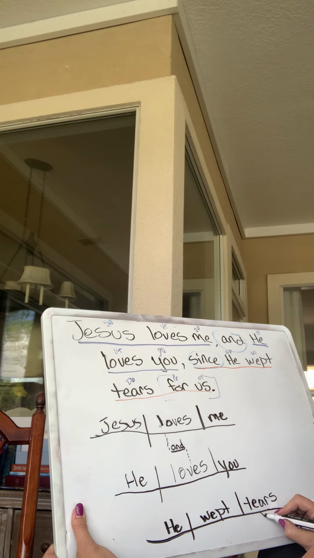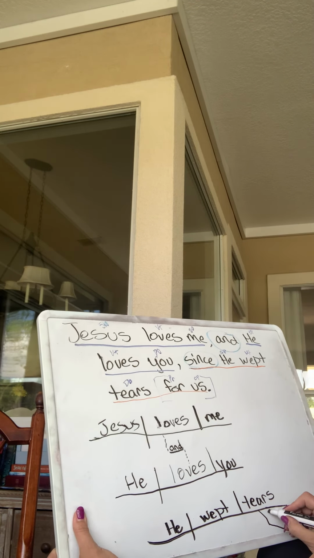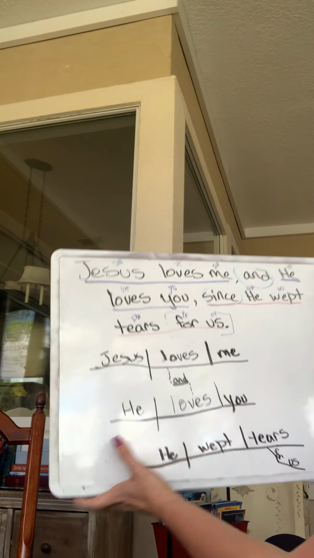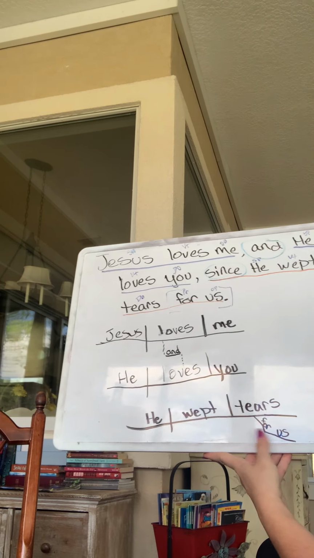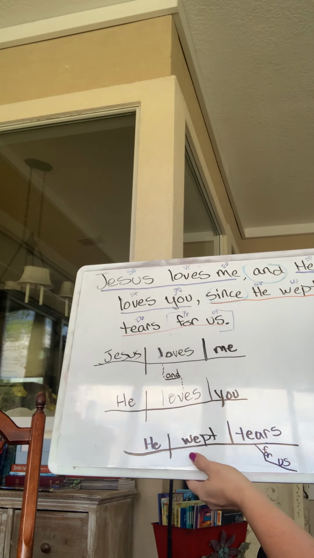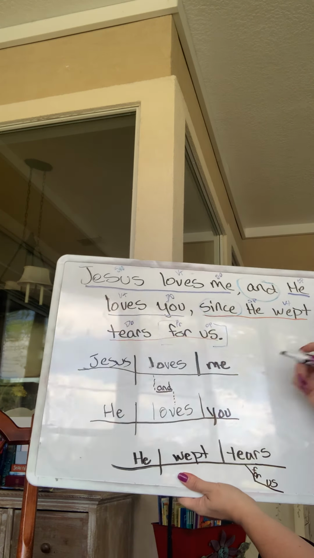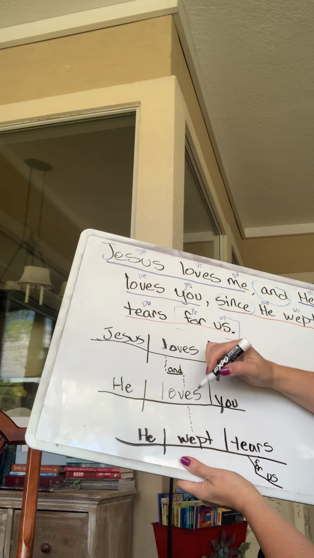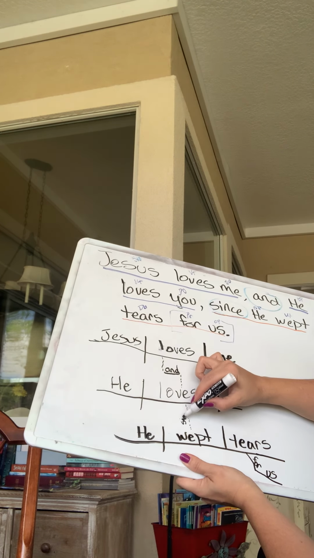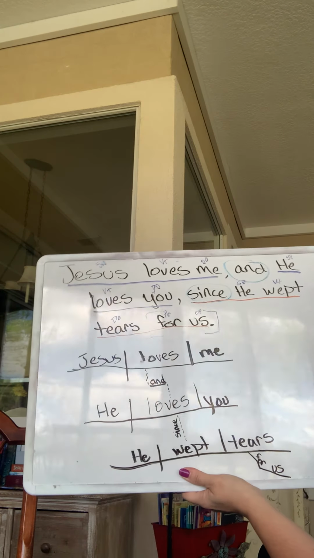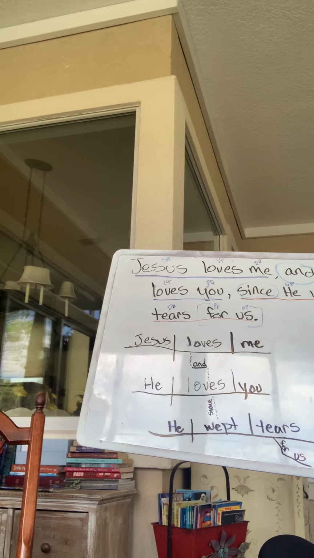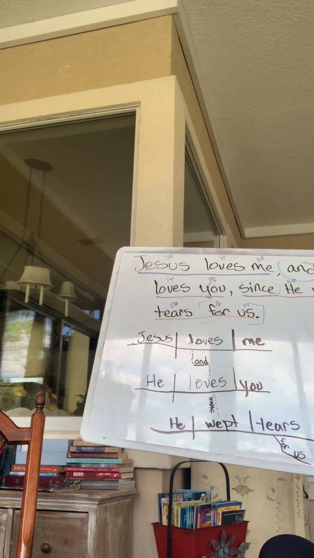And our prepositional phrase is going to come off for, okay, I'm having trouble because I'm trying to hold this, for us, right? Prepositional phrase below the tiers. Now to connect with the conjunction, we're just going to go verb to verb right here and then put since going up. Okay? Jesus loves me and he loves you since he wept tears for us.